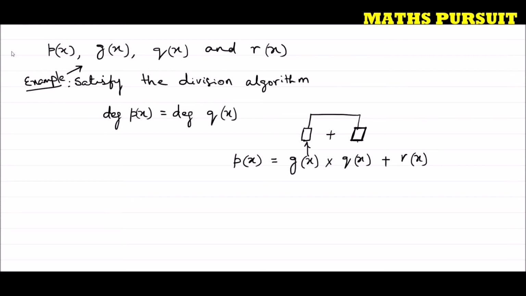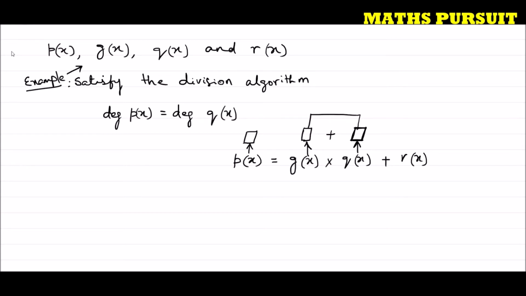We should understand that the degree of p(x) is determined by the degrees of these two, g(x) and q(x). When we add the degrees of g(x) and q(x), we get the degree of p(x).